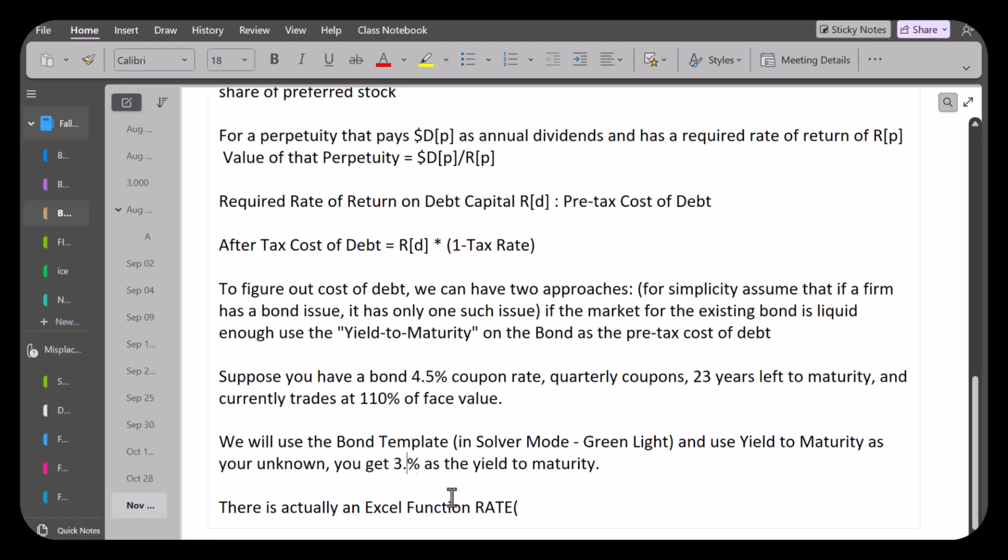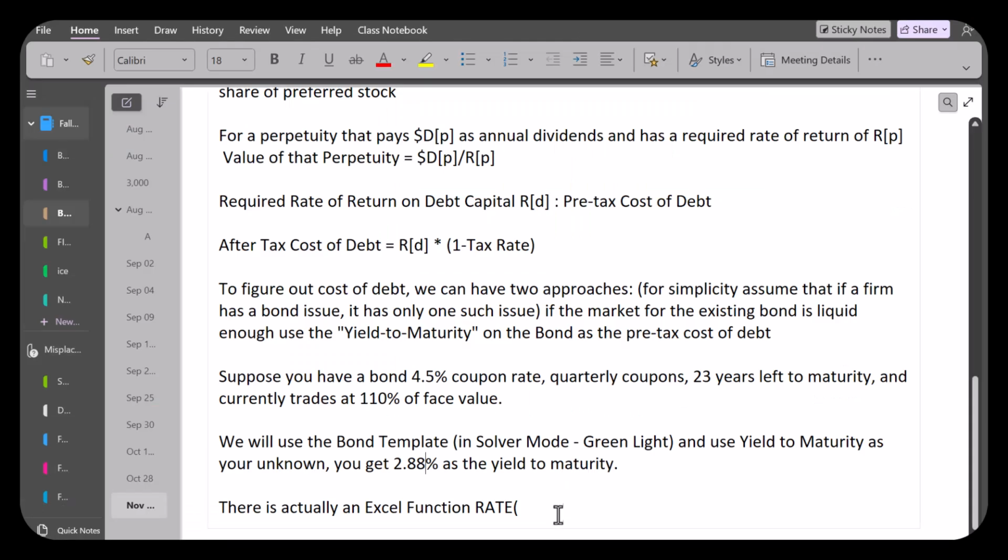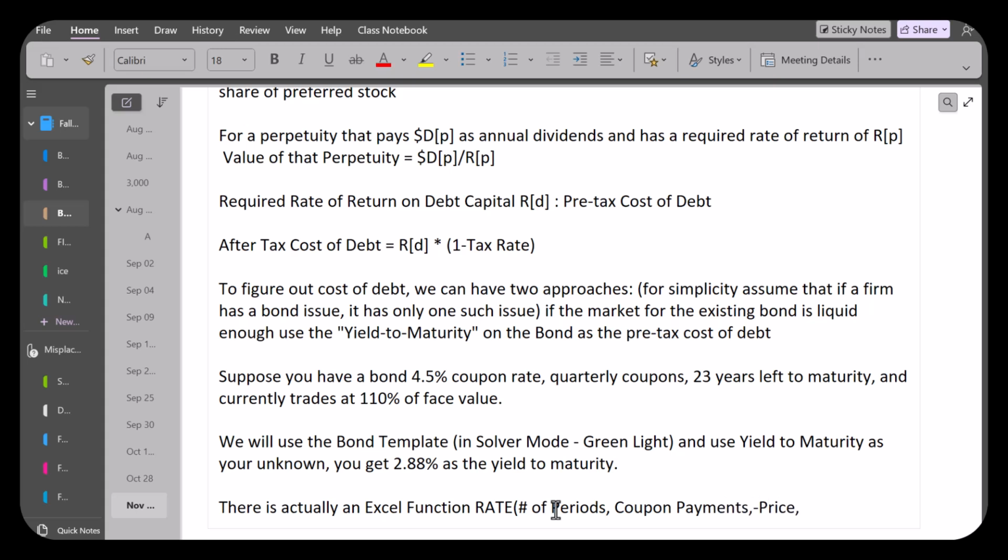So the rate function can also do that for you. I put that negative because it's like debits, and times frequency.